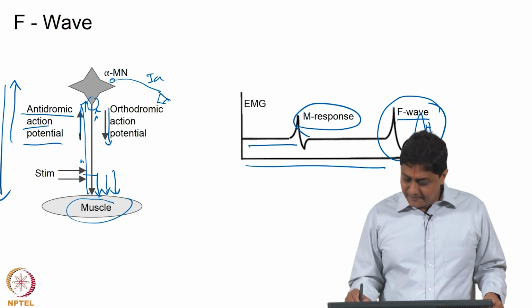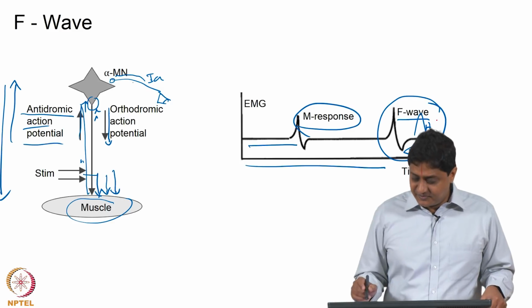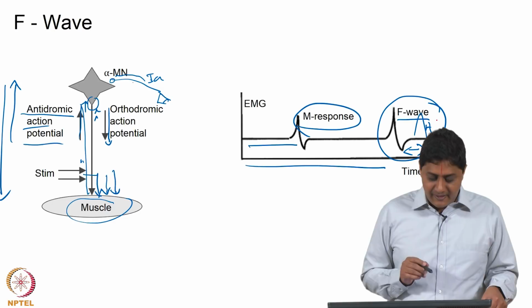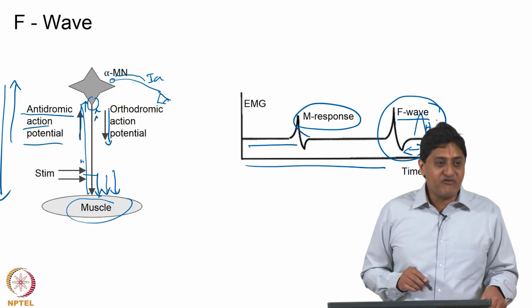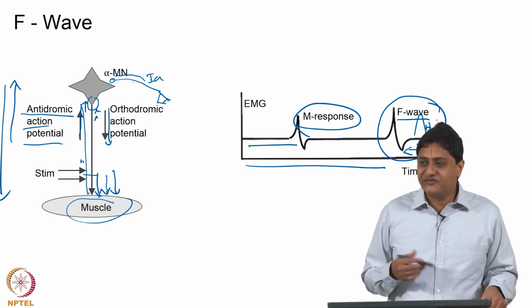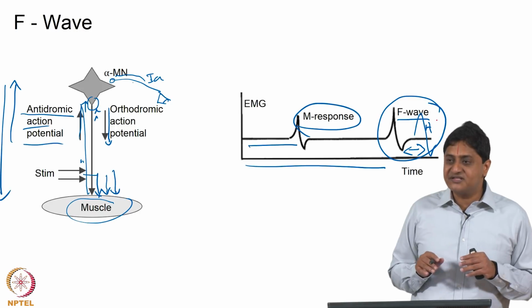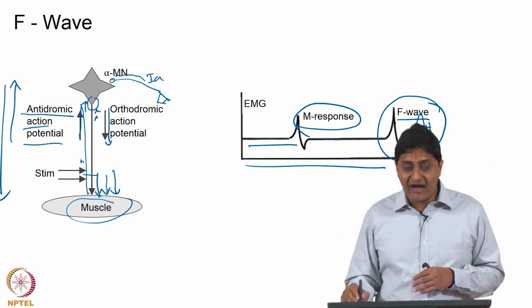Why this difference? You see, the pathway involved in the H reflex is a longer pathway with an afferent and a synaptic delay, but the pathway involved with the F response is the same alpha motor neuronal axon. There is no synapse that is involved. Because of this reason, if at all there is going to be an H reflex, that is going to arrive later in time, after the F wave.